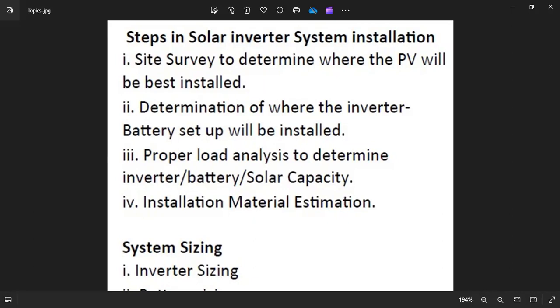That's fine. So in this particular case, the coordinates of Yola being 9.2035 north and 12.4954 east, we pick the 12.4954 east as the inclination.